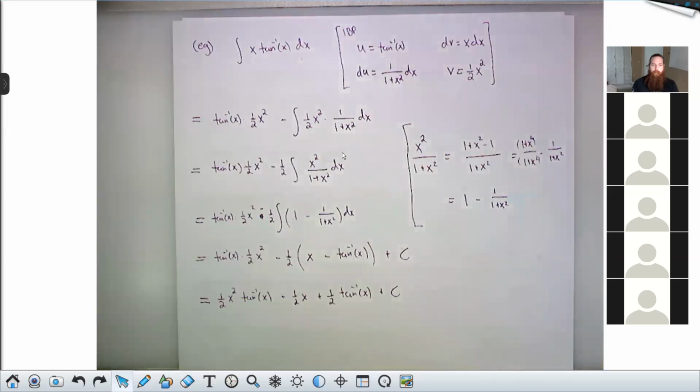Good stuff, right? You could combine this term with this term if you wanted to, but you don't have to.